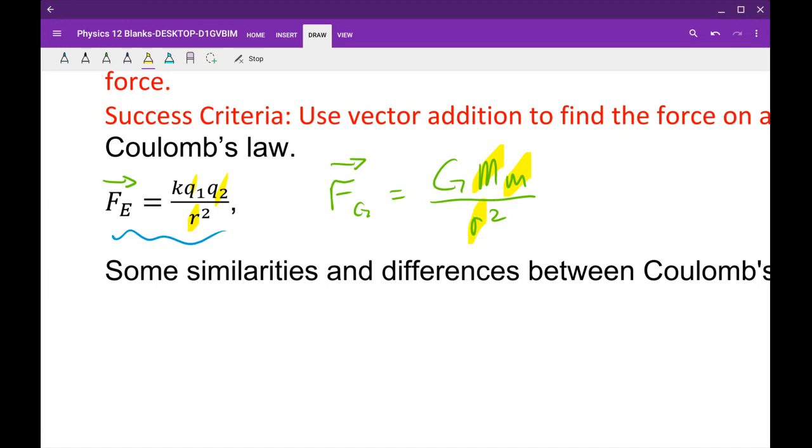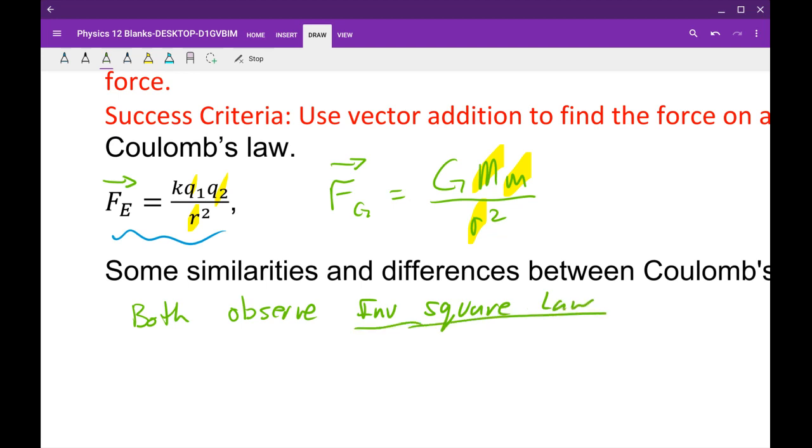So the similarities are they both observe the inverse square law, and that's obvious by the structure of their equation as well, right? You can say inverse because one's on the top and one's on the denominator, and the square is because, well, there it is. There's a square there, okay? Let me get rid of some of these markings.